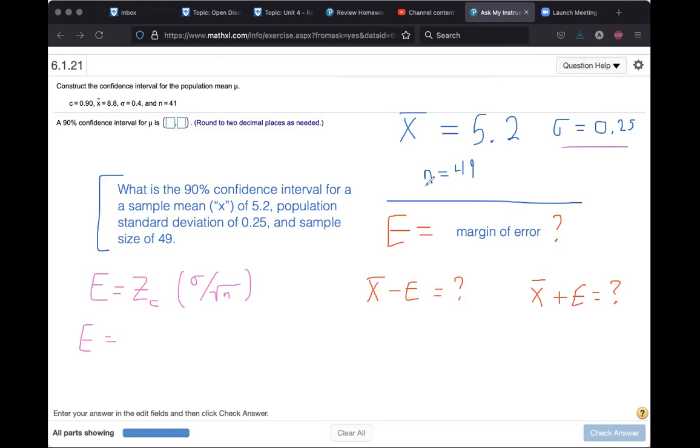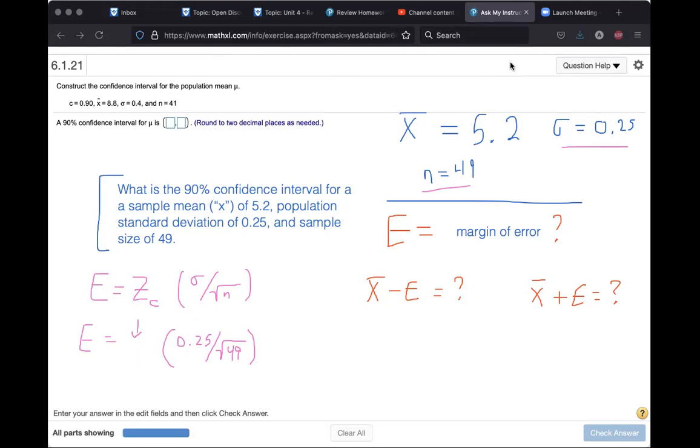We know the sample size, it's right there. So let's plug those in. The only thing we don't know, and really where the work comes down to, is what is our Z critical value? How do we find it?